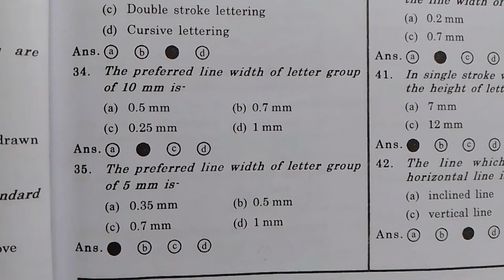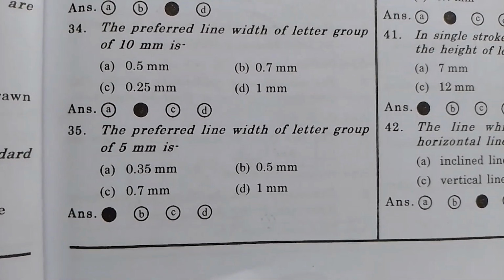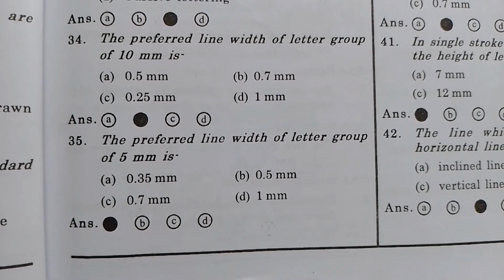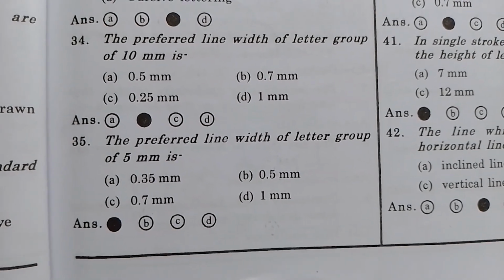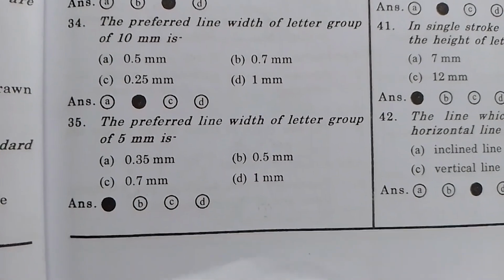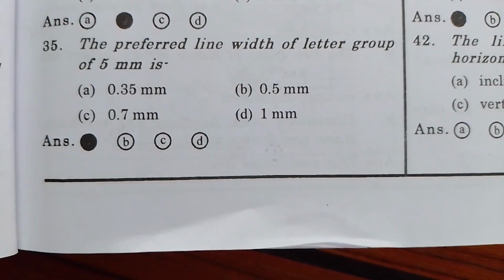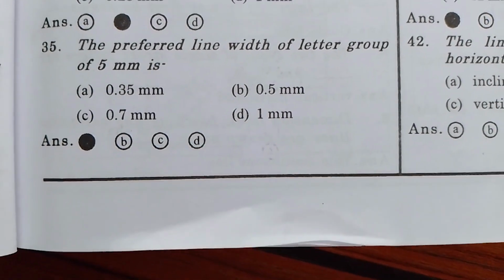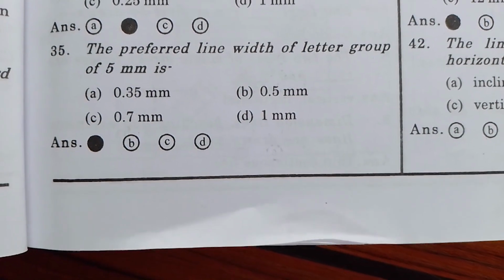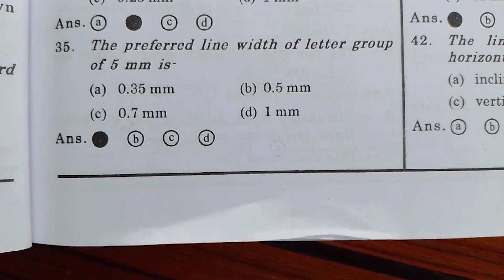The preferred line width for the letter group of 10 mm is 0.7 mm. Option B is correct. Now the 35. The preferred line width of letter group of 5 mm: it is less than 7 mm, so the width is automatically reduced. It is 0.35 mm. Option A is correct.